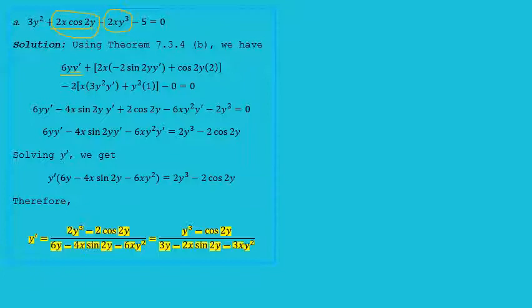Plus, sa second term, okay, this is our first function, si 2x. And then ang second function natin is si cosine 2y. So first, times the derivative of the second function. Diba derivative ni cosine 2y is negative sine 2y. And then, times yung derivative ni 2y, kasi ganun man dapat sa trigonometric.